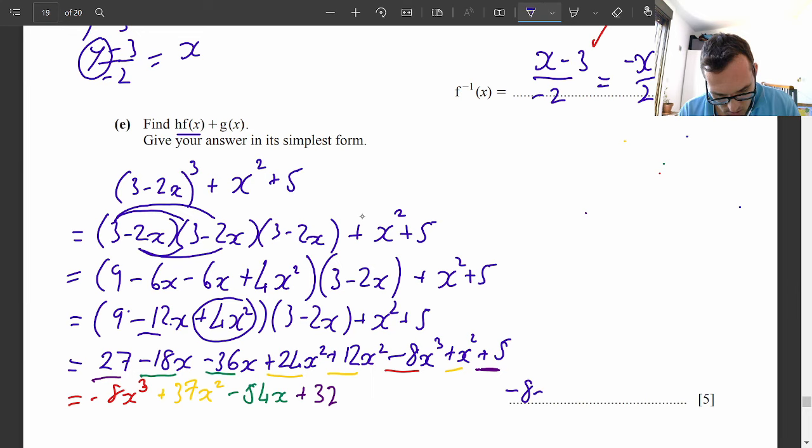Lots of mathematicians like to write them in descending order from the highest power to the lowest. On your mark scheme, they've decided to write it the opposite way because they don't want to have a negative at the front, but it doesn't matter. Okay, if you got each term correctly, the order is not that important. You have to have a negative 8x cubed, positive 37x squared, negative 54x, and a positive 32. You can do it.